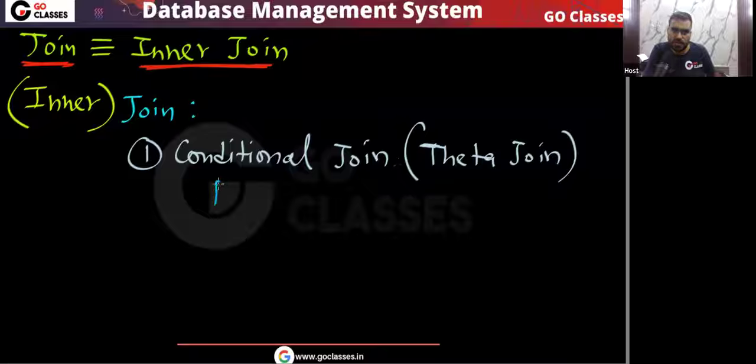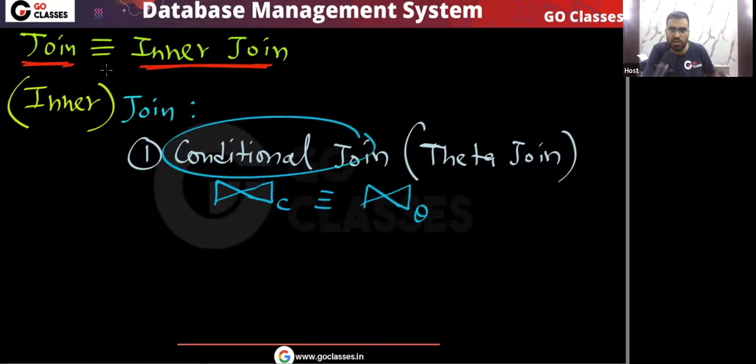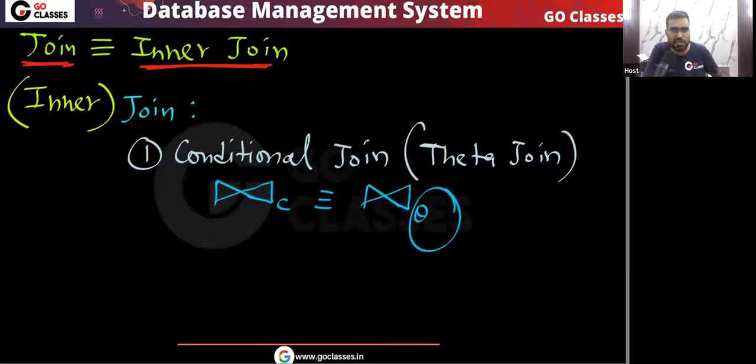You can see this type of symbol is used, and there is a condition, which you can write as C, or you can call this condition theta. So either you can call it conditional join or theta join. They are the same. C means condition. Theta also means condition. So this is the symbol.